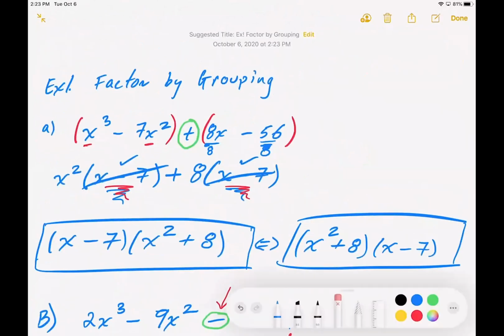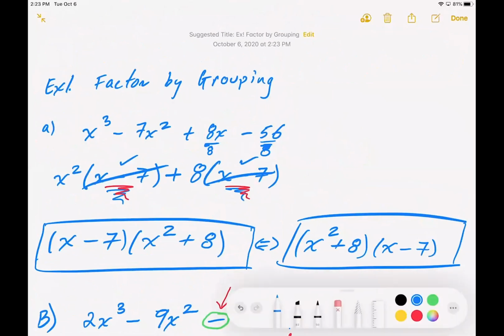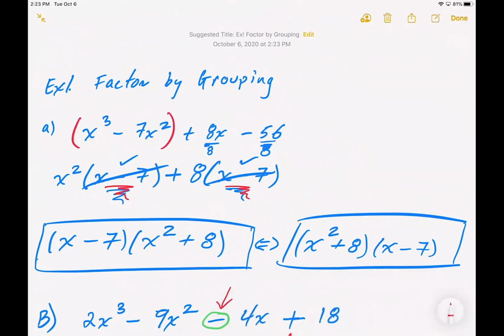It's not wrong. If you want to keep it consistent and you say, wait a minute, Mr. Tran, can I just go ahead and include it like this? If you want to, you can include it like that. Whatever the middle term is, just to be safe, include it in your second parenthesis. If you include a positive, you factor out a positive. If you include a negative, you factor out a negative. Everybody see what I'm talking about here?